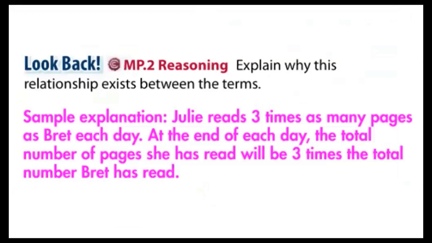At the end of each day, the total number of pages she has read will be 3 times also. Also, the ratio here is constant between the two persons. She reads more than her brother, 3 times the total number of pages Bert has read. Okay, my dear?